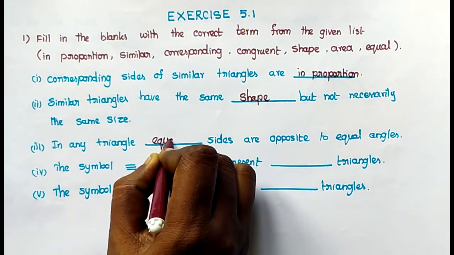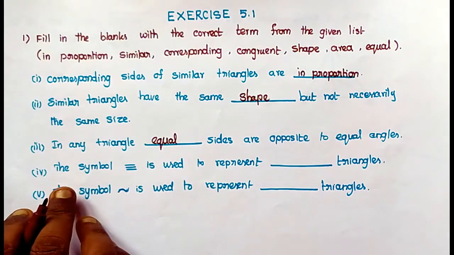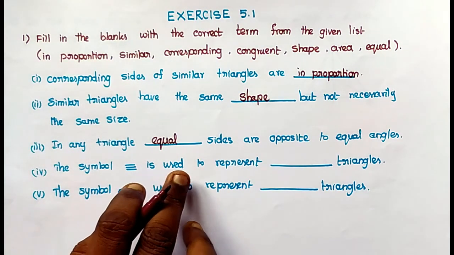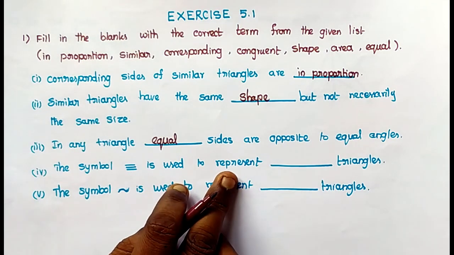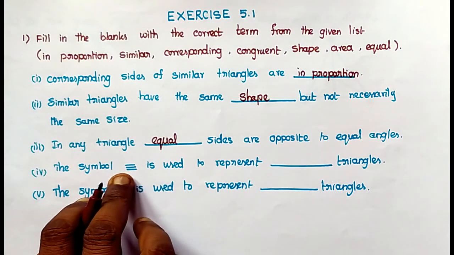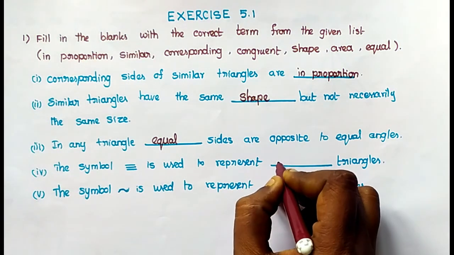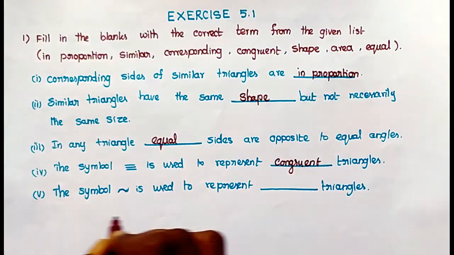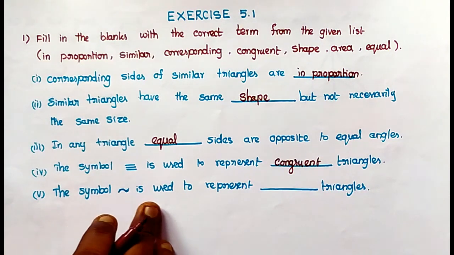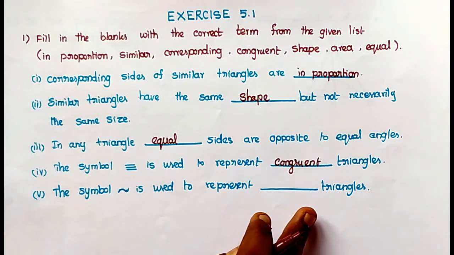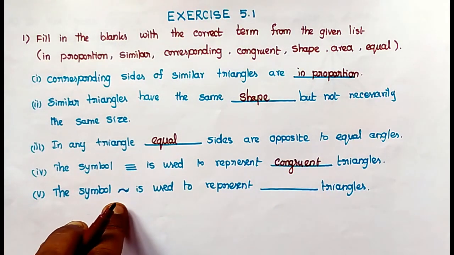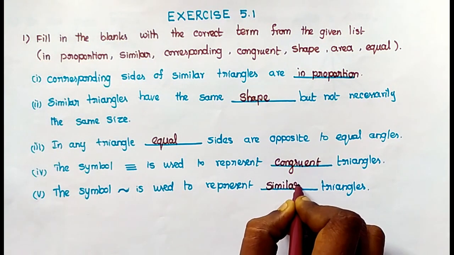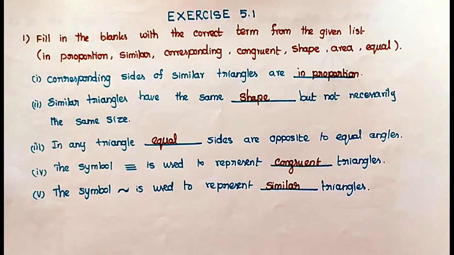So, equal. Next one, the symbol that is used to represent congruent triangles. Next one, the symbol that is used to represent similar triangles. So that is the answer.